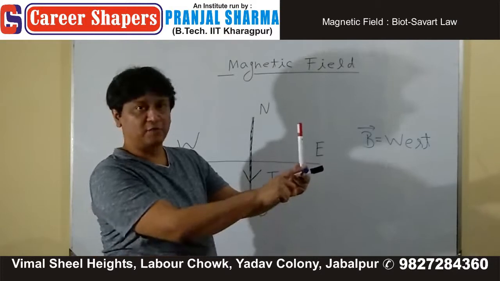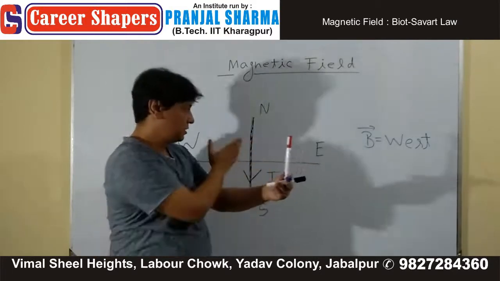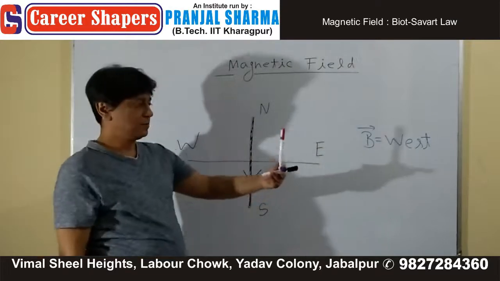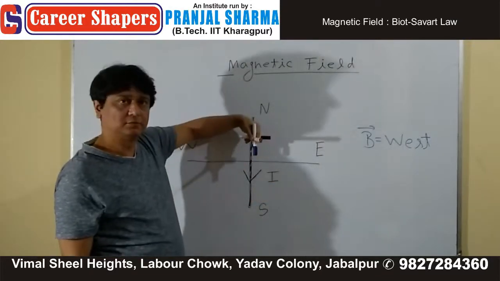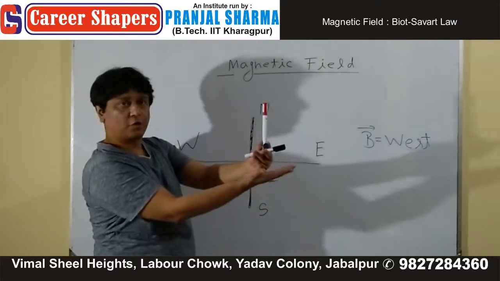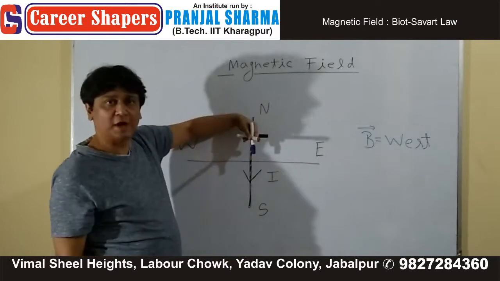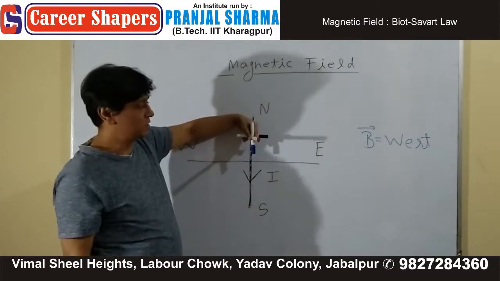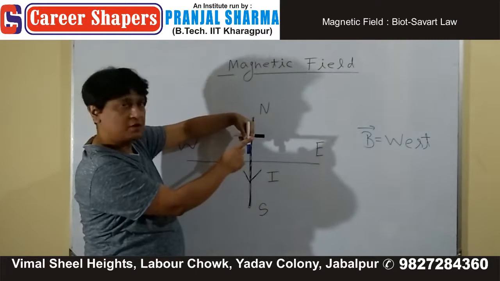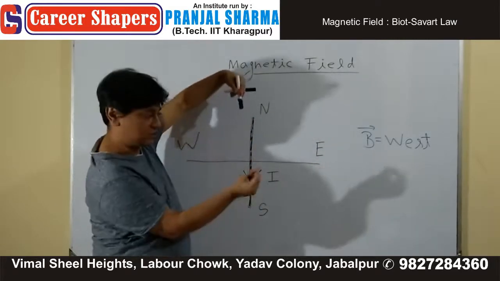This is the current carrying wire. If I have to draw this in this plane, then it will look like this. This is the look of your copy. This is the look when I present things on the board. This is the point which lies above the wire. This is above.